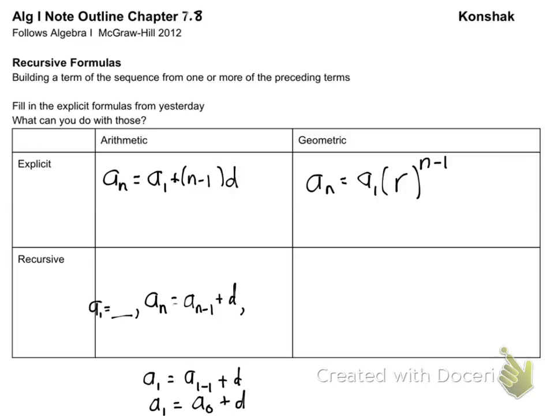So you need to state the first term or some starting point. I say start at term 1. Don't start at term 10. Now, if I start at term 1, can I put A1 or find A1 using the formula? No, because if I use A1, I have to find A0. And I don't have A0.